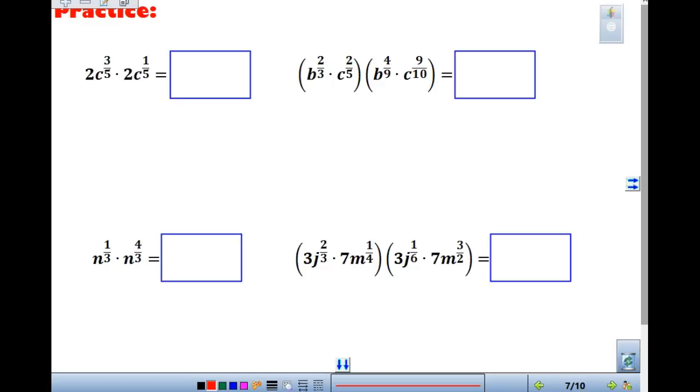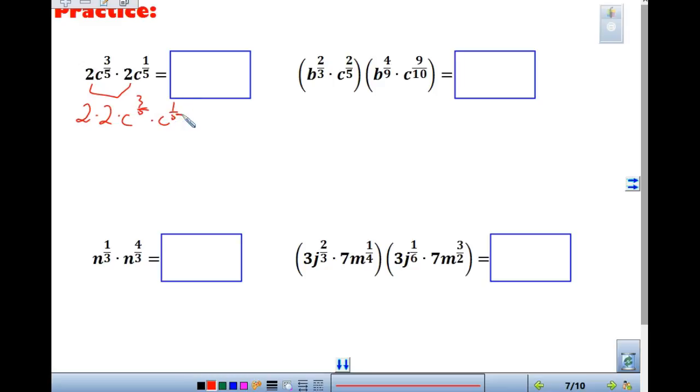Okay, what do you have for the first one? What did you group together? Yep, so we put our coefficients together, that's good. I agree with that. And then all we have left is our c's, right? So we have times c to the 3/5 times c to the 1/5.